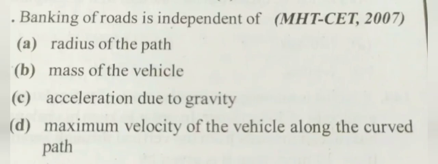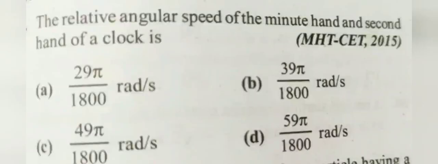We know the formula for theta: theta is equal to tan inverse of v square by r g. So theta depends on velocity, on radius, and on acceleration due to gravity, but it does not depend on the mass of the vehicle. Answer is B.